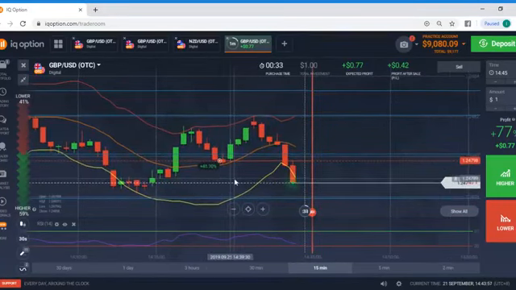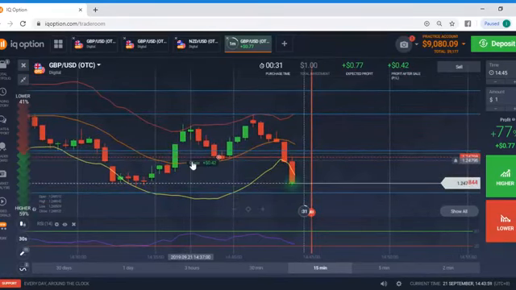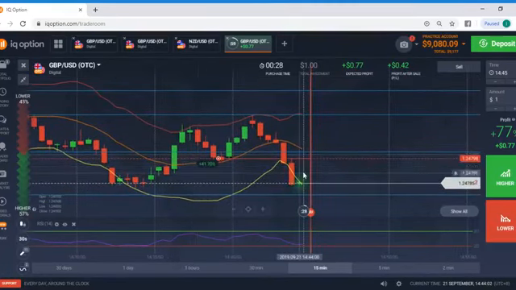Yep. So imagine if you're trading it in a real account, you're now gaining 41% just in 2 candlesticks.